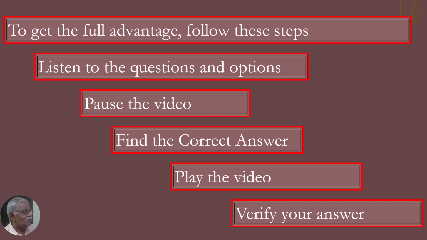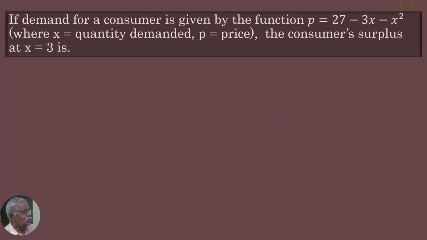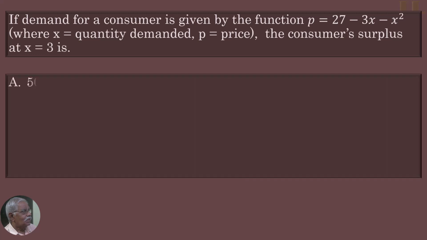Well, if demand for a consumer is given by the function P equal to 27 minus 3x minus x squared, where x is quantity demanded and P is price, the consumer's surplus at x equal to 3 is 50.5, 49.5, 31.5, 32.5.